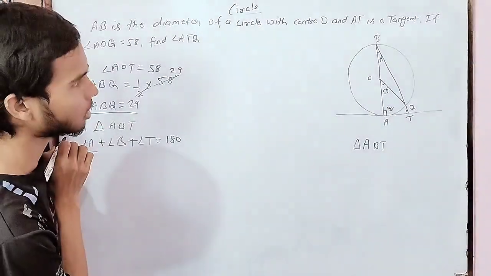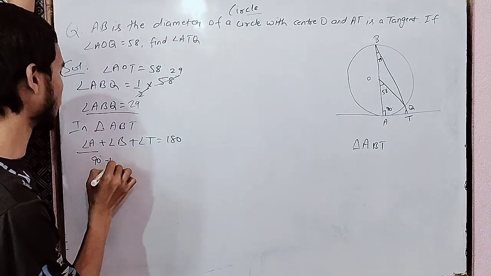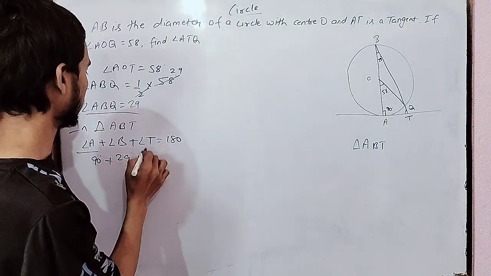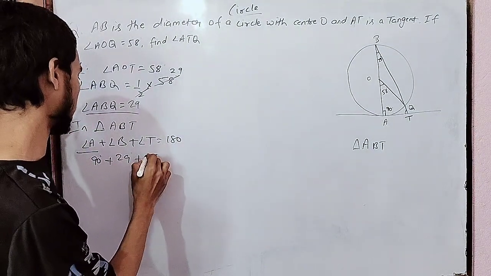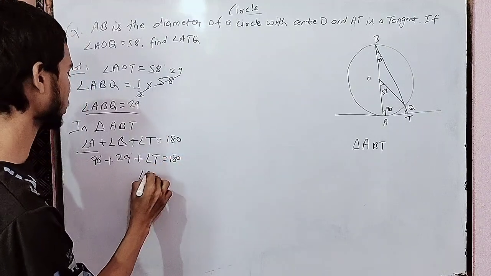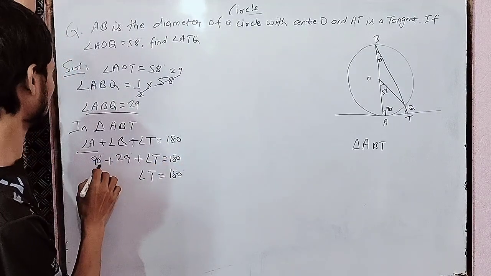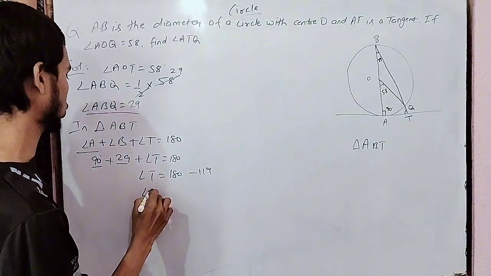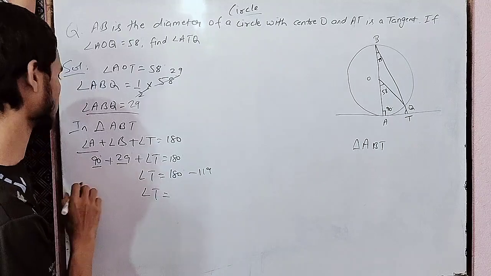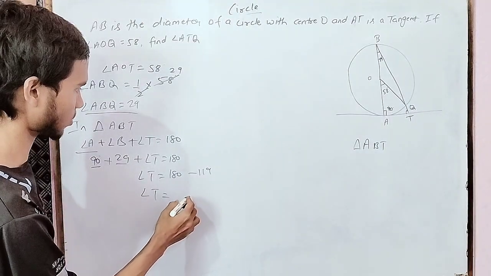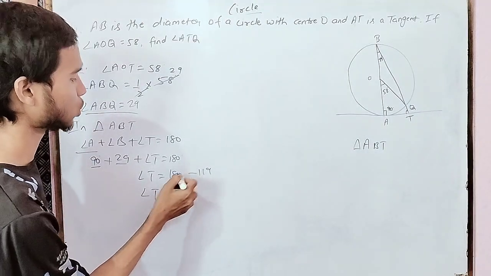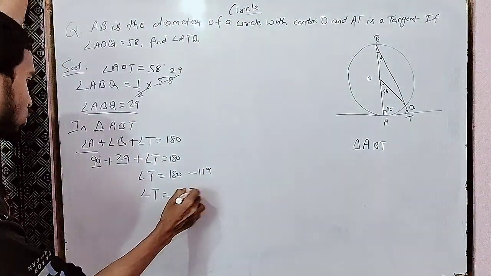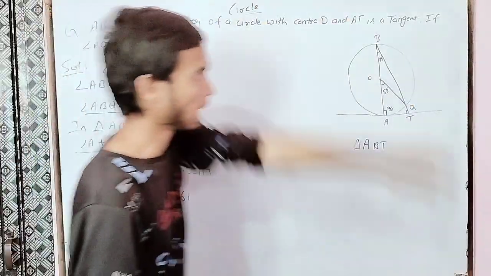Angle A is given, yes, it is 90. Angle B is given, yes, this is 29. But angle T is not given, so it will be 180 minus 90 minus 29, which is 180 minus 119. So angle T is 61. Angle T is 61.